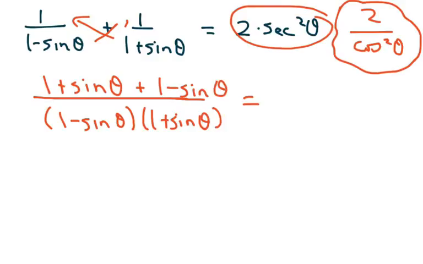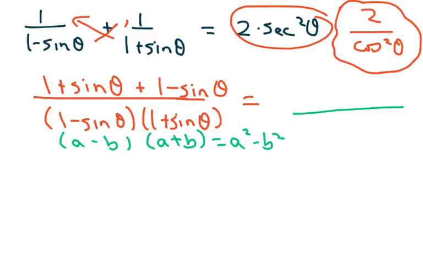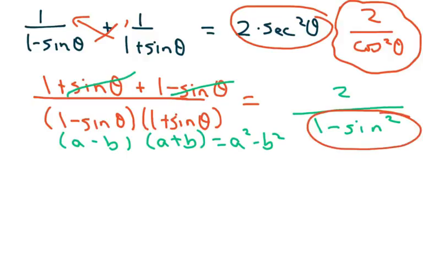Now, this right here is like your a minus b times a plus b, and we want it to equal a squared minus b squared. So the denominator is just going to be 1 minus sine squared. In the numerator, we have these signs cancel, and we have 2. We also know that 1 minus sine squared is cosine squared. So this is 2 over cosine squared of theta.